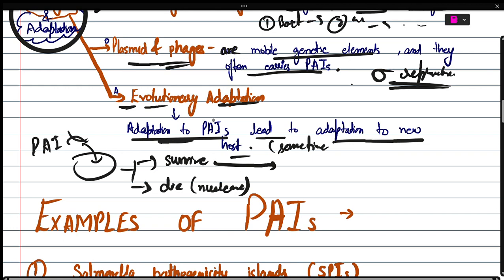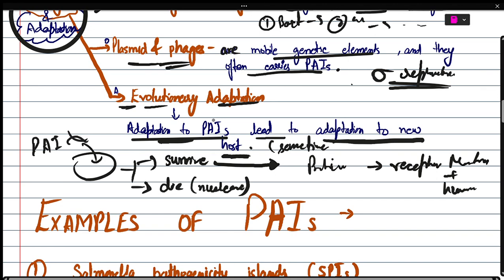And if that PAI gets integrated into the genome of the bacterium, then it can lead to the adaptation to a new host. Let us say the PAI encodes for some protein that has affinity with some receptor on monkeys and humans.